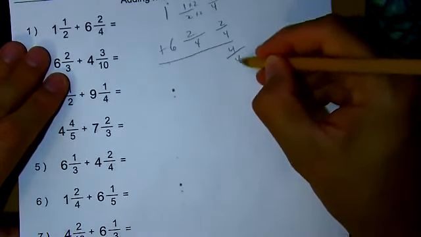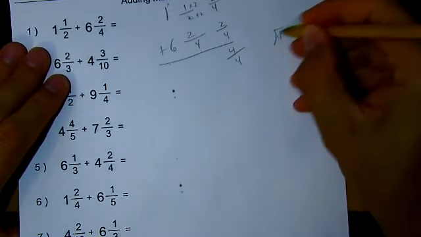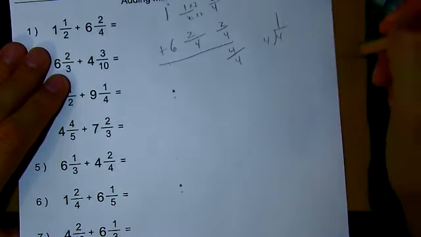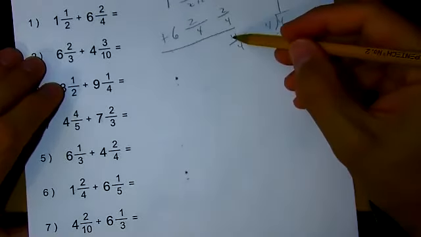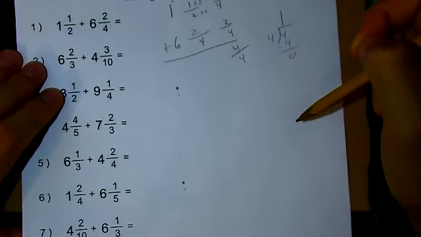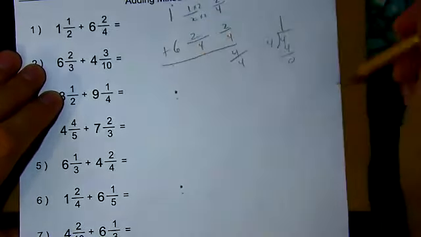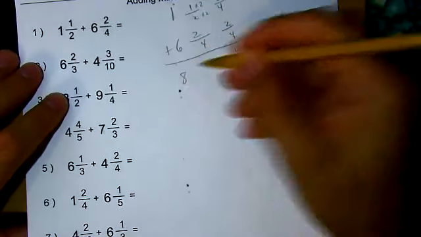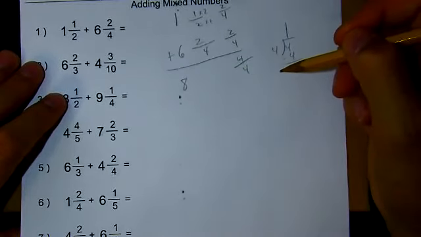So 2/4 and 2/4 is 4/4. That's still an improper fraction. If you divide 4 by 4, you get 1. You're not always going to get a remainder, especially in the case of having one number over itself. So you just take that 1 and add it back to this 1 and this 6, and you end up with 8, no fraction.